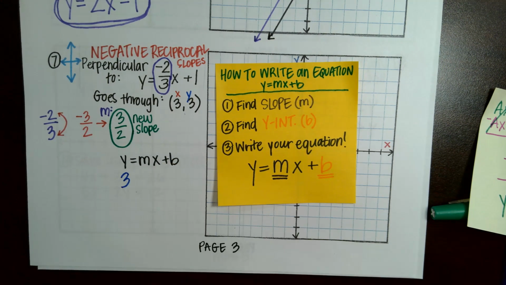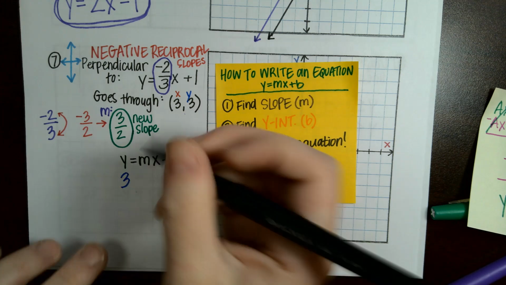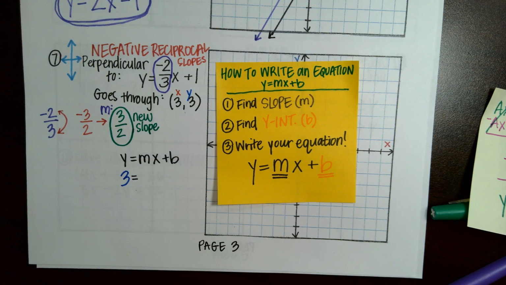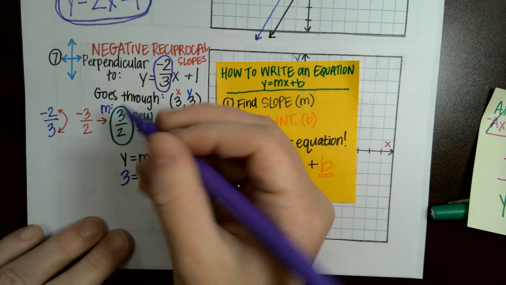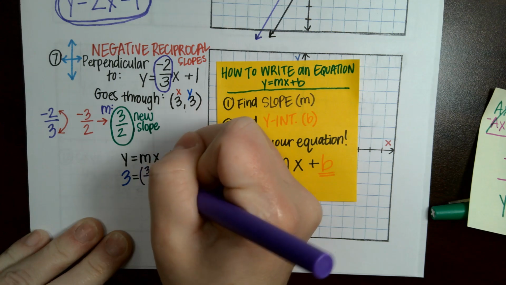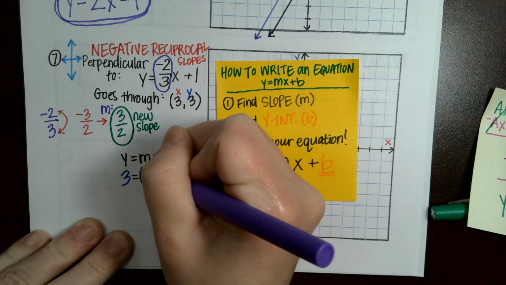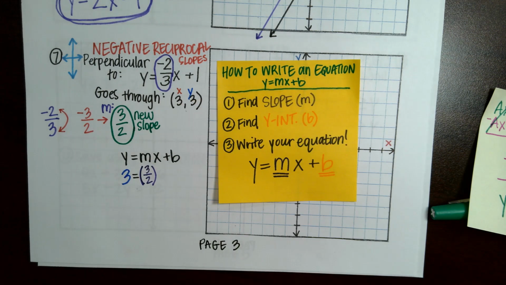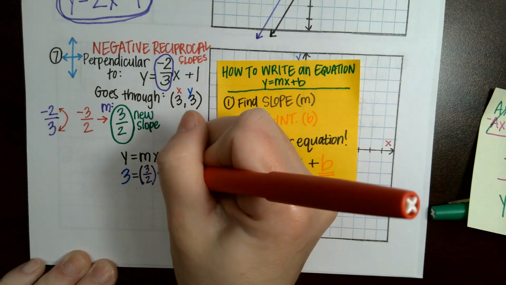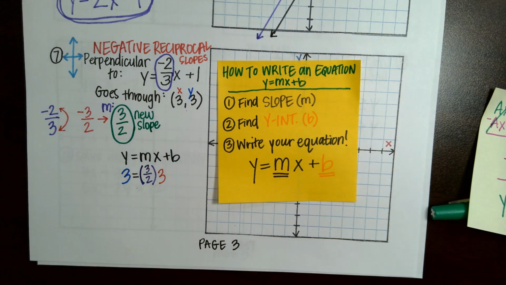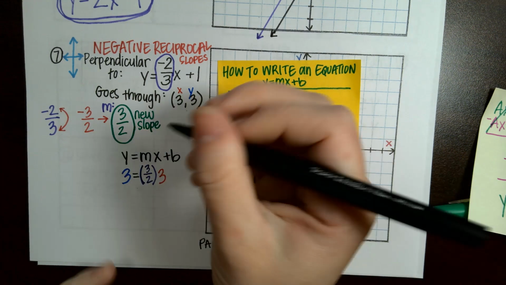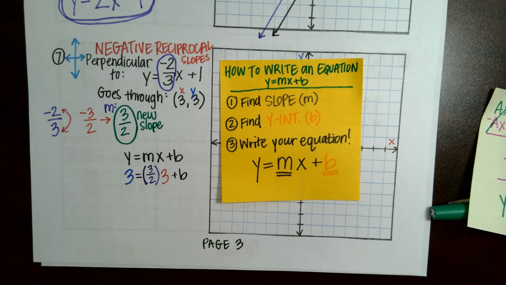We're going to write 3 equals, what's my m? 3 over 2. Good. 3 over 2 times 3, that's my x, plus b. Okay, now we can solve.